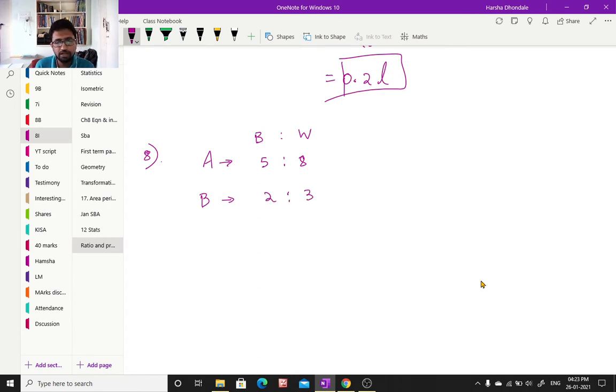Now if you see this, the tendency is to say that A is darker. You want to say that because the quantity of black is more here, but just be careful, it's not like that. That's not how you are comparing. Maybe A is darker, I don't know, but this is not the right way of comparison. How you have to compare is, it's always with one unit.